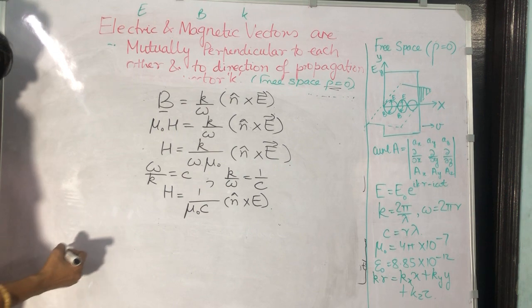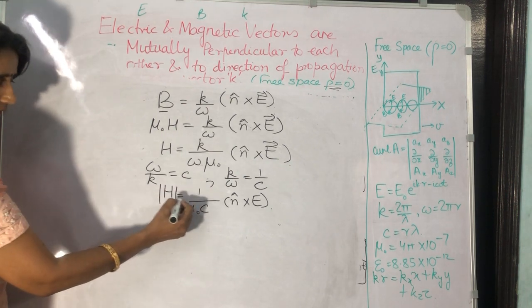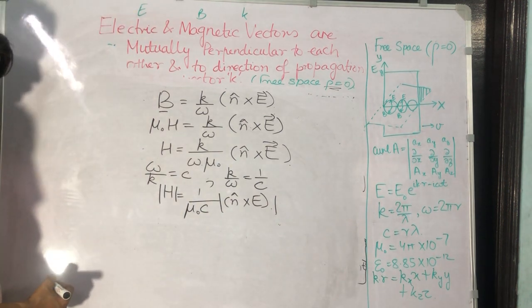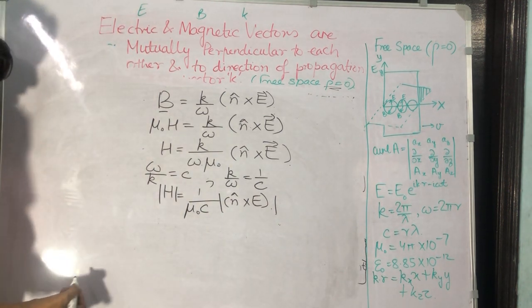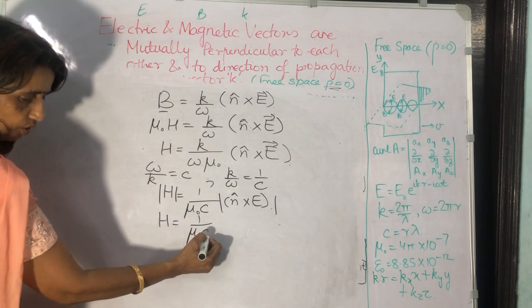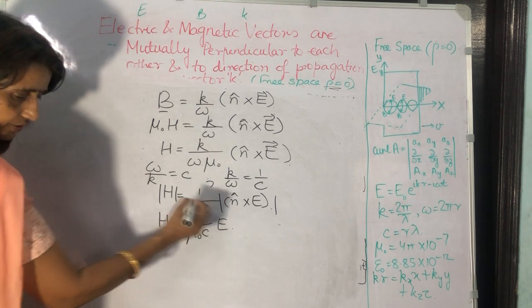Right? In terms of magnitude, I can write this as N cross E. Or where the wave vector is basically perpendicular, H is 1 upon mu naught C E. Right?